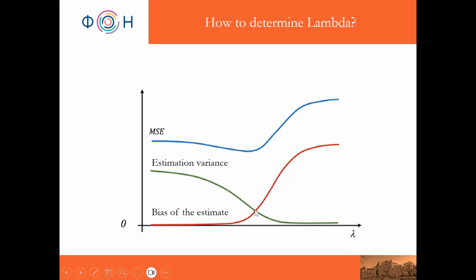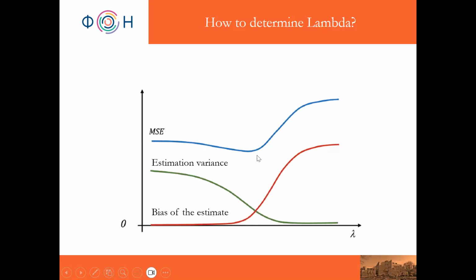So we want to find that bliss point where we have a low variance and a fairly low bias. The point where the two meet is the point where our mean square error is the lowest.